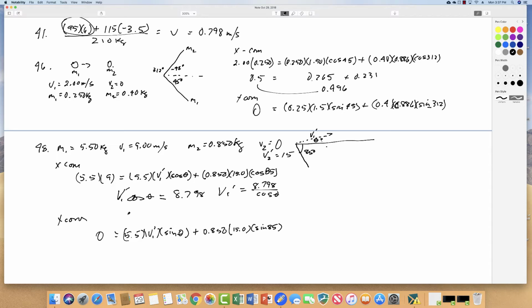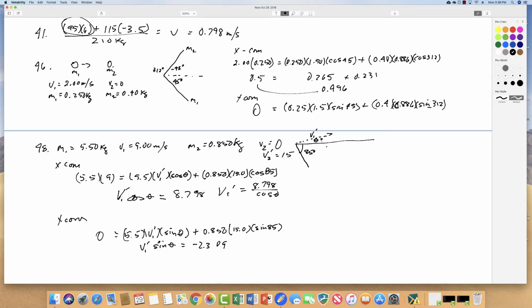And if you work this down, you end up with v1 prime times the sine of theta is equal to minus 2.309. Okay, so you can substitute for one of these two.